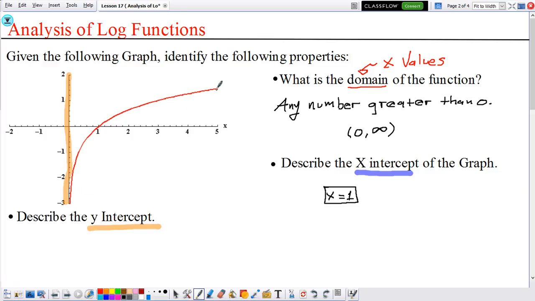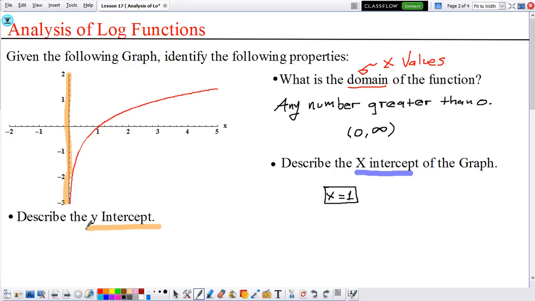Here's our graph. Notice that it keeps going down, down, down. It's actually never going to touch the y-axis. That is one of the key properties of logarithms: your graph does not touch the y-axis because the x values are greater than 0.